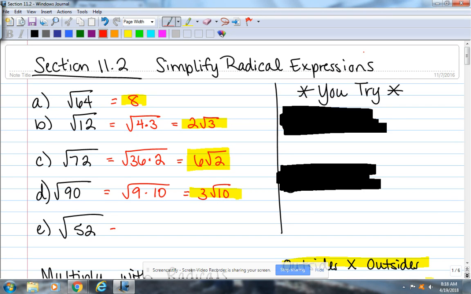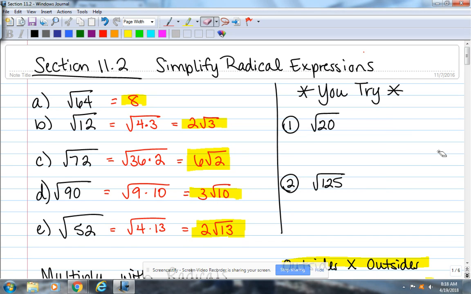All right, so 52 is 4 times what? 13. So it's radical 4 times 13. And what is the square root of 4? Pull it outside, so it's 2 radical 13. So any questions before you try some on your own? Okay. So you guys try those 2, please.